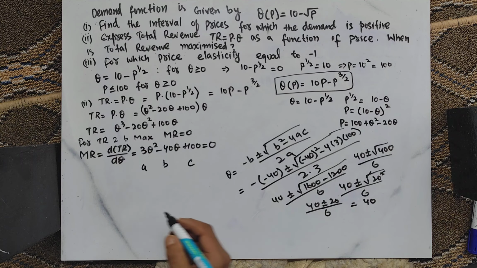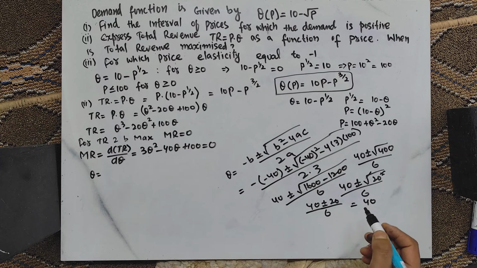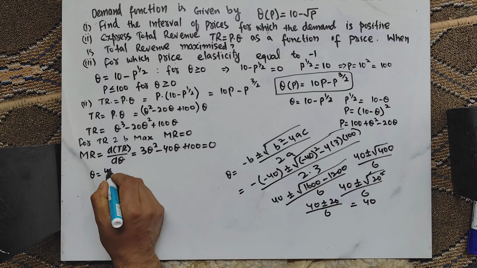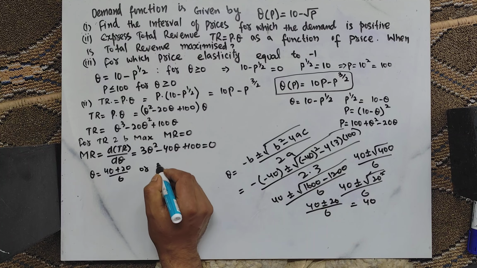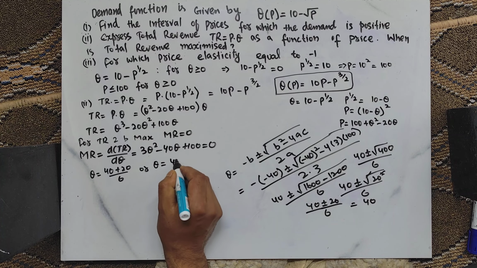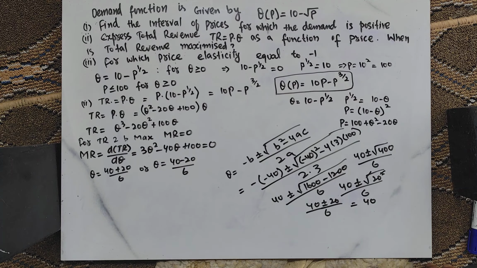Okay, so when we solve this, we got Q is equal to either 40 plus 20 upon 6, or Q is equal to 40 minus 20 upon 6. So we got two values for Q here.